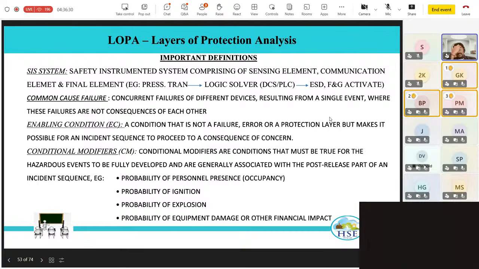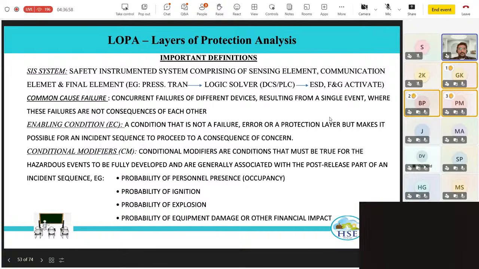In this case, the ignition could be removed either by having ATEX equipment, or by having no trucks or anything moving in that vicinity. Trucks or vehicles moving around that unit could also be a major source of ignition. Or if there is lightning, that could be a major source of ignition. When you look at lightning arresters or earthing, you can take credit for that. So all these are probability of ignition.